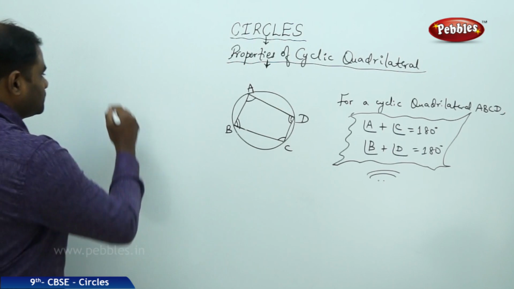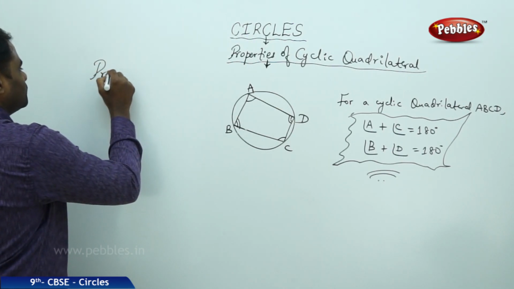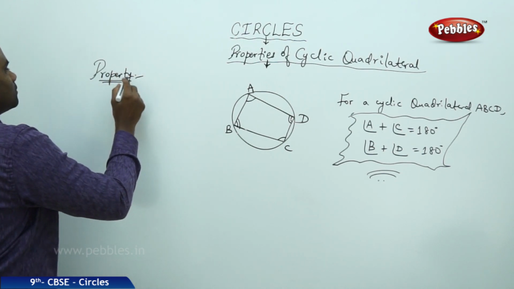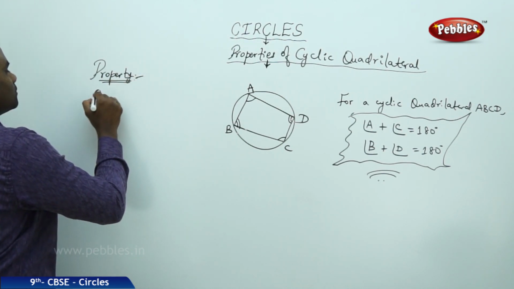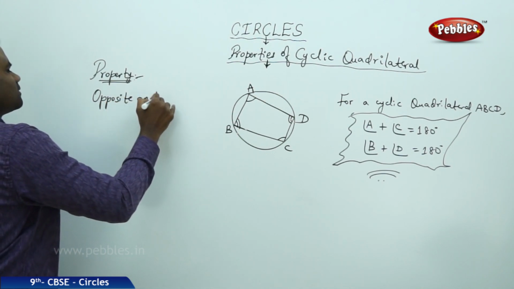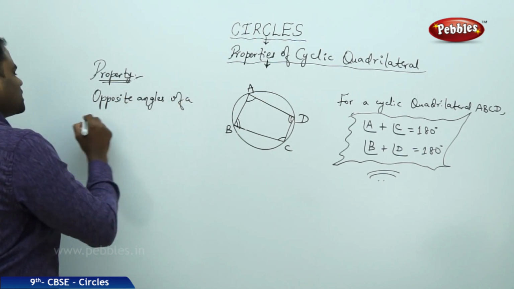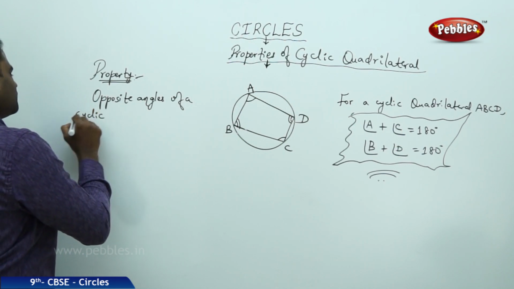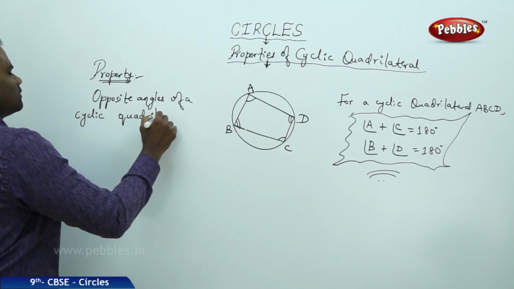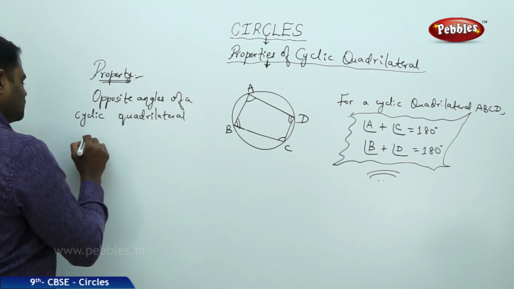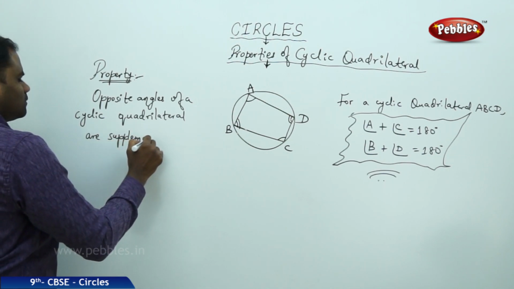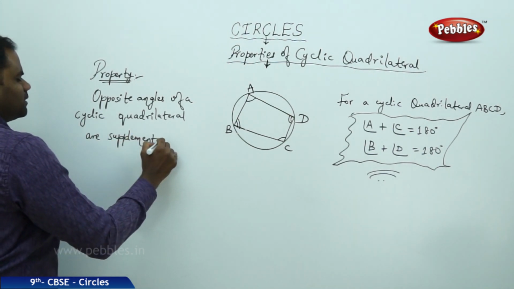So we have the property which says opposite angles of a cyclic quadrilateral are supplementary.